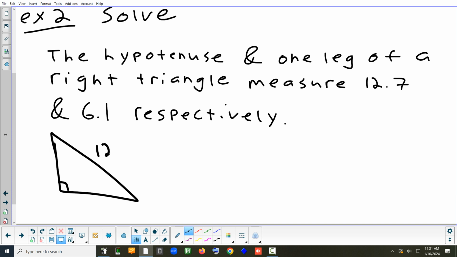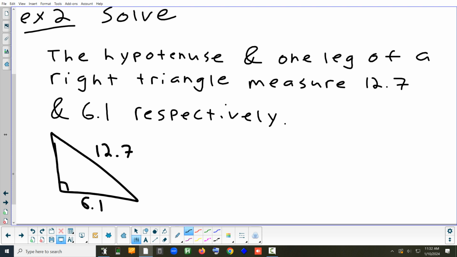It has to be the 12.7. And now they don't tell you where the 6.1 goes. It's a length. It could be A or it could be B. On the test, I'll be specific, so that way it's easier for me to know what you're finding. Okay, so I'm going to make it, I don't know, what do you want to make it, A or B?